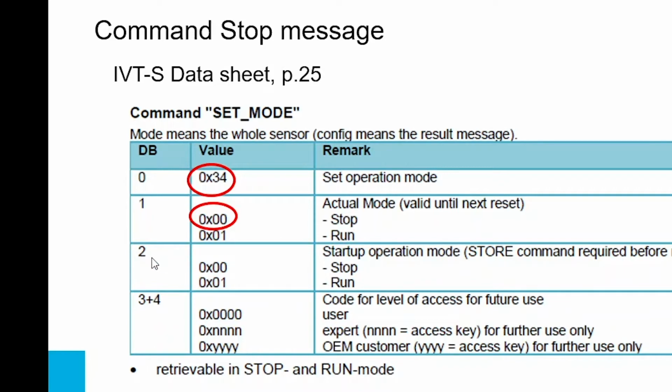Optionally, we can also set the data byte 2, which is by default configured to 01 run, if we want to configure the startup behavior after the next startup, but this is not mandatory. Data byte 3 and 4 are for future access and don't have to be used, so we can just leave them as they are at 0.